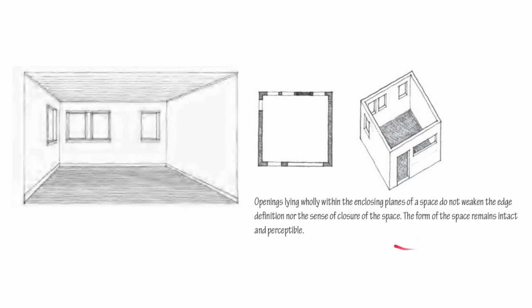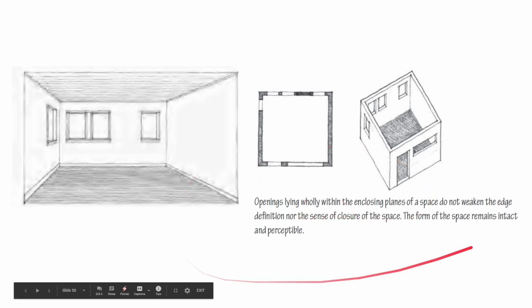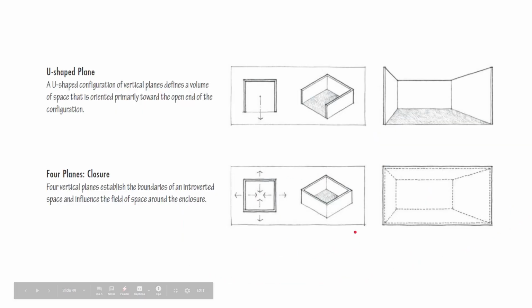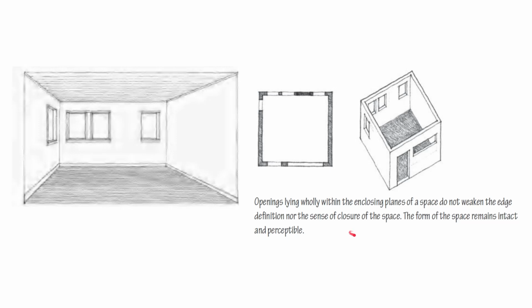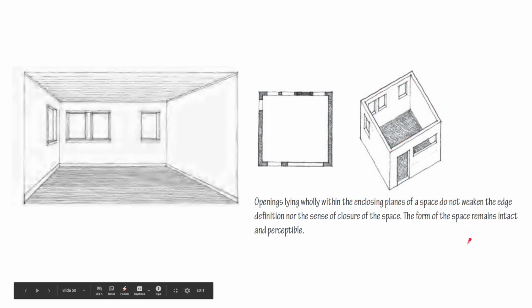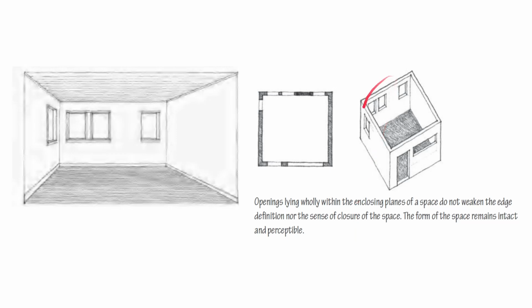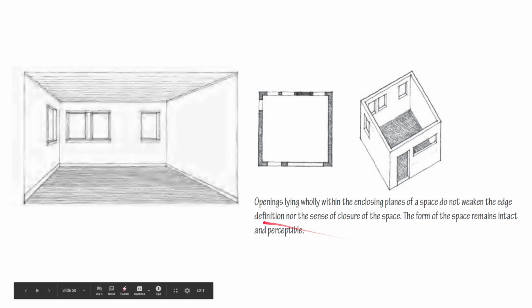So openings. These are an application of subtractions in the space. With regards to the openings in the space, openings lying wholly within the enclosing planes do not weaken the edge definition nor the sense of enclosure of the space.